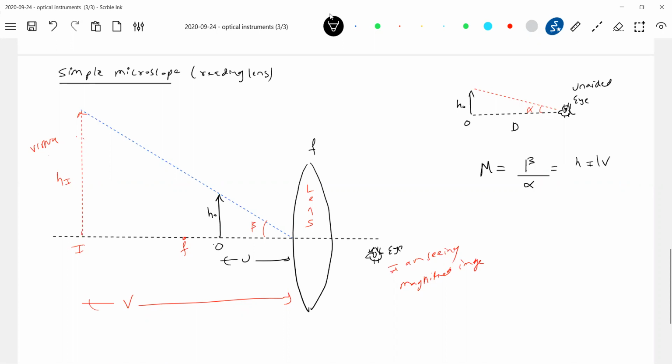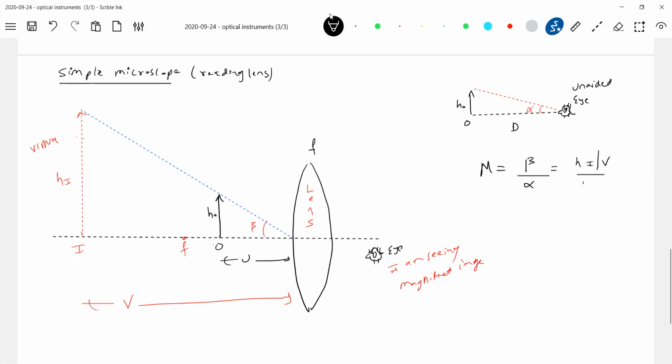In books, they have shown both alpha and beta in the same diagram. They have made a cocktail. That's why you find it very difficult. So always keep alpha in the other diagram. Don't show alpha in this diagram. Try to avoid it, and it'll become very simple. What is beta? This one. What is alpha?